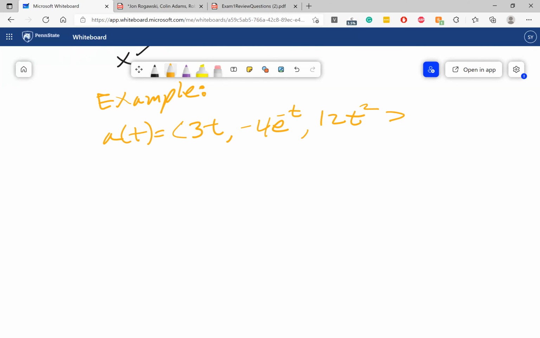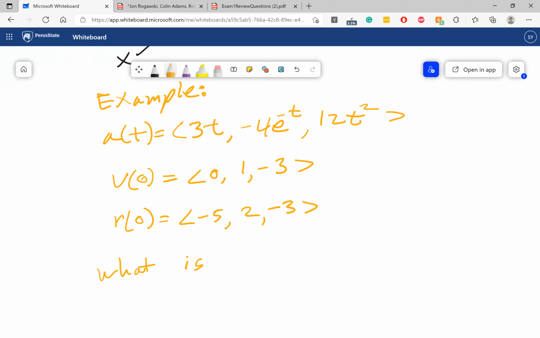So that's your acceleration. And then you're told that at time zero, your velocity is 0, 1, and negative 3. And at time 0, your position is negative 5, 2, and negative 3. And now you're asked to find what is r of t, so the whole position curve, and v of t.